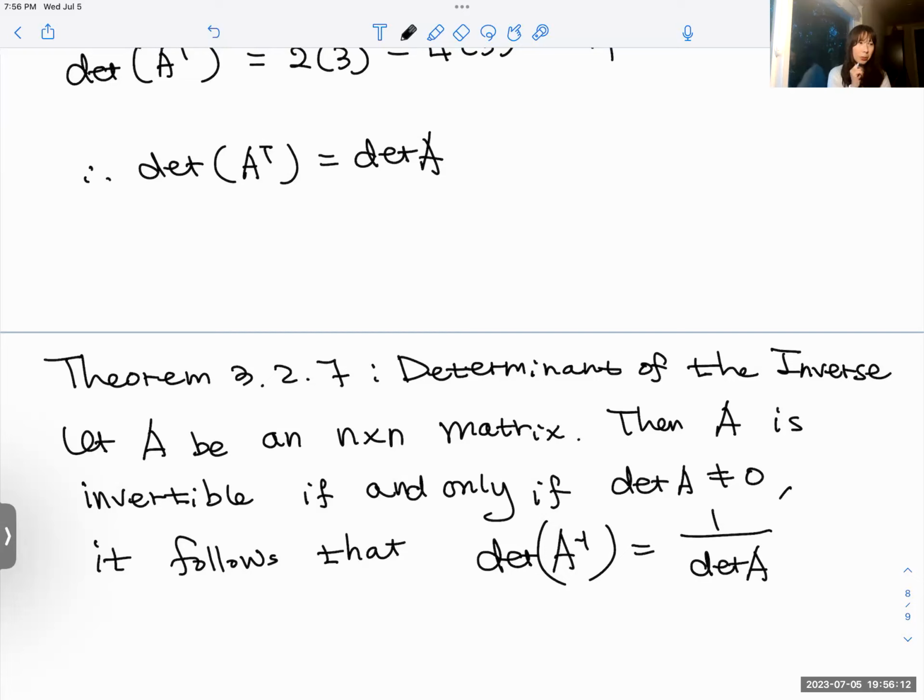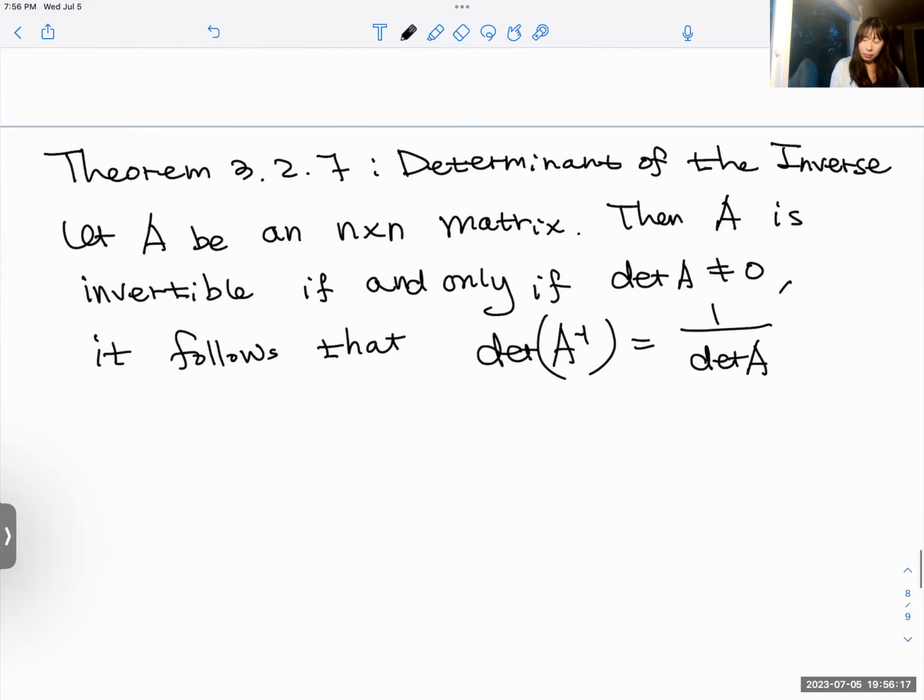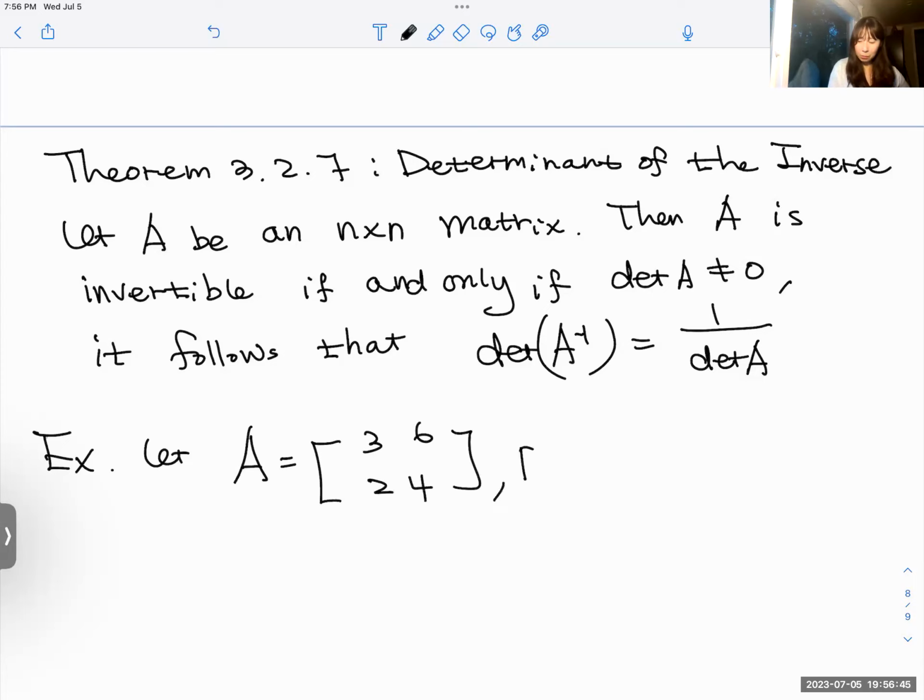Okay, so let us do this one. Example. Let A equal to 3, 6, 2, 4. This book is so nice. They give us 2 by 2.